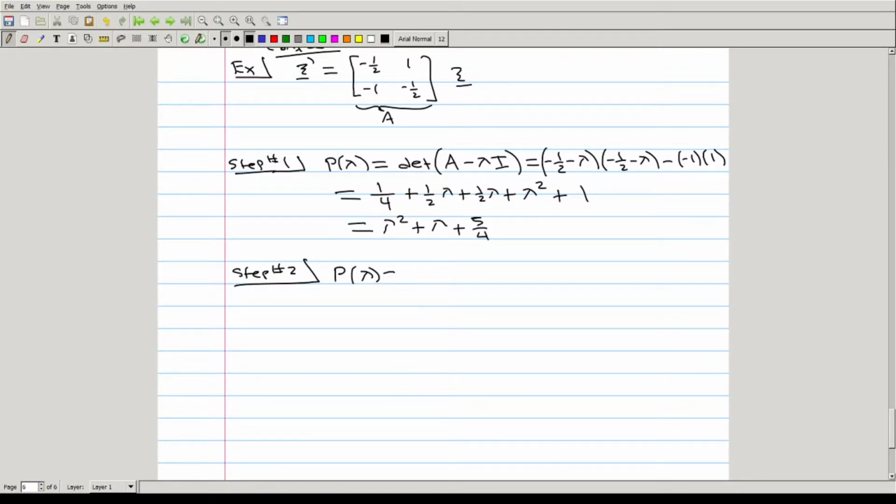So when P of lambda equals 0, we use the quadratic formula, then lambda is equal to -b plus or minus the square root of b squared minus 4 times a times c, divided by 2 times a.